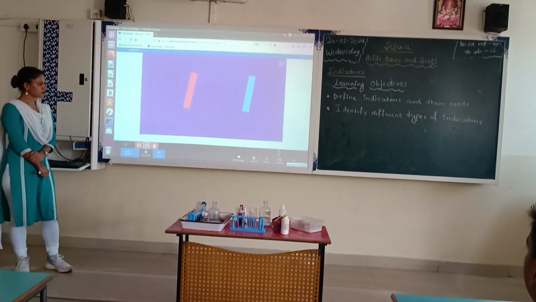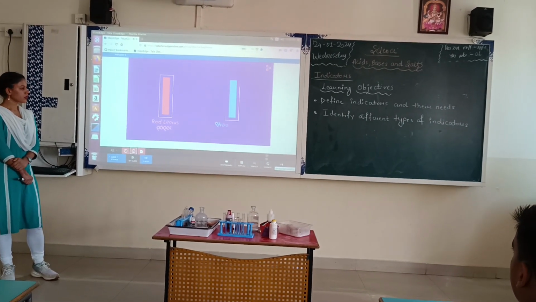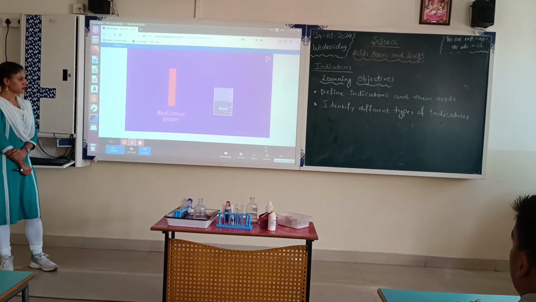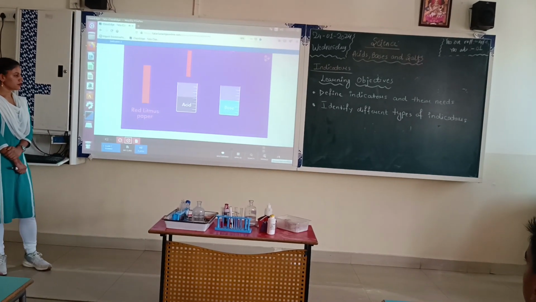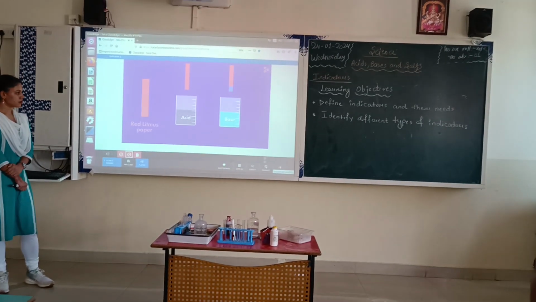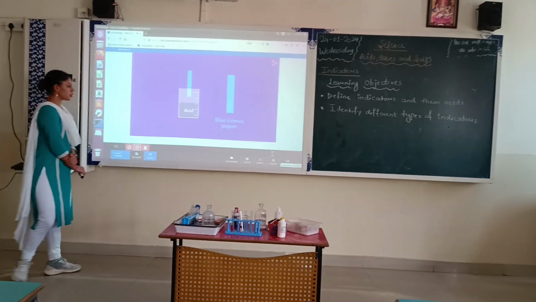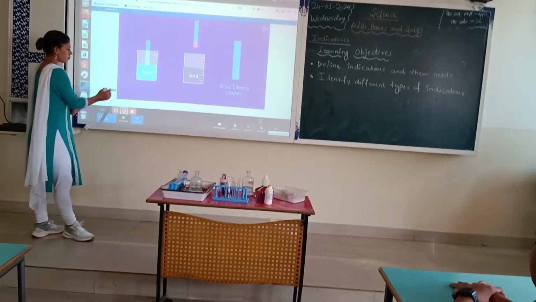Two colors of litmus papers are usually available: red litmus paper and blue litmus paper. The red litmus paper, when it comes in contact with an acid, displays no color change but turns blue in the presence of a base. In contrast to this, the blue litmus paper turns red on contacting an acid while it remains unchanged in a base.